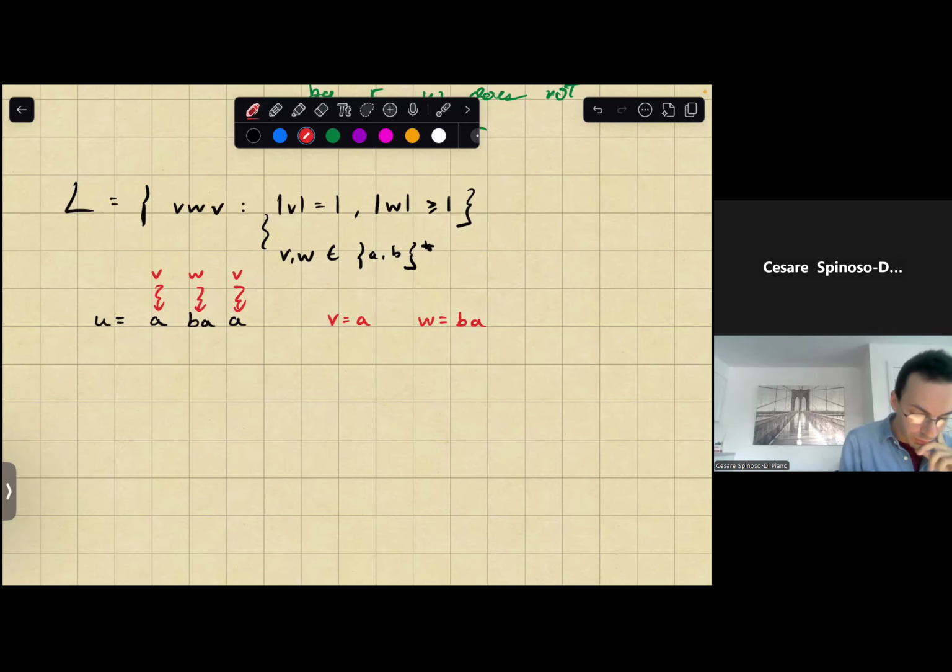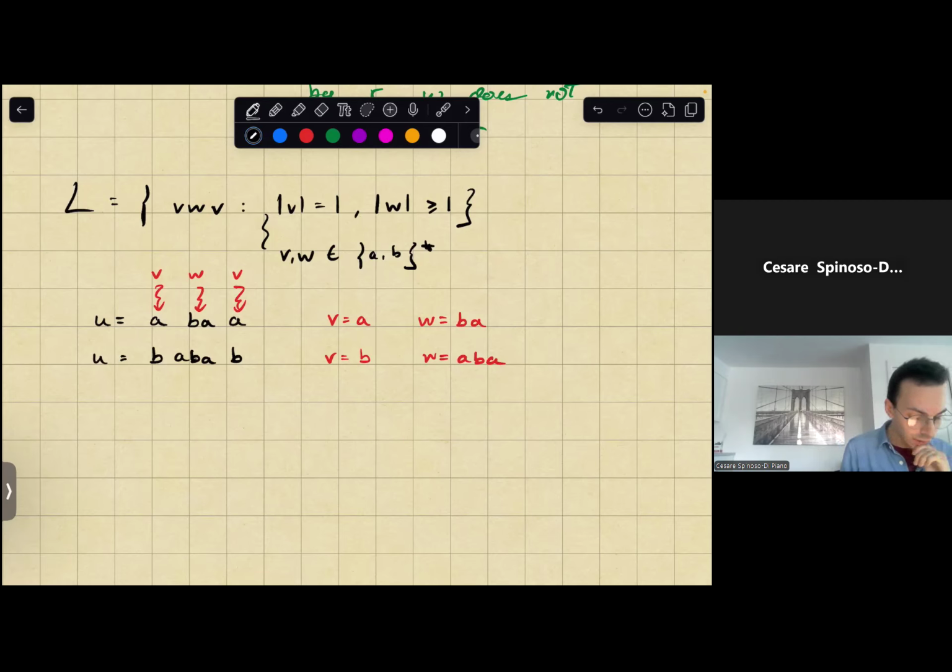Another possible string might be: let V be b, and then W is, I don't know, A, B, A. So in that case, u would be b and then b, and in the middle I would have A, B, A. And I can have an infinite number of strings that look like this.